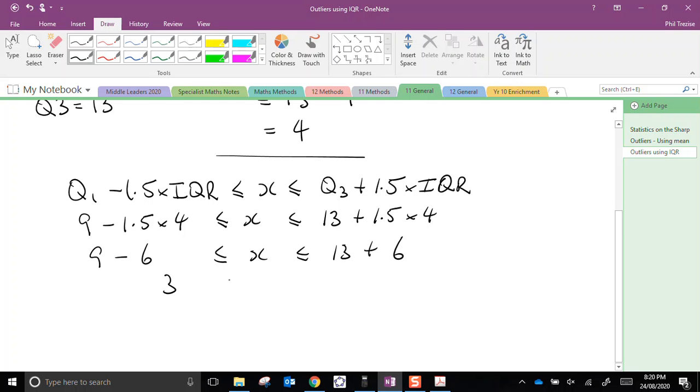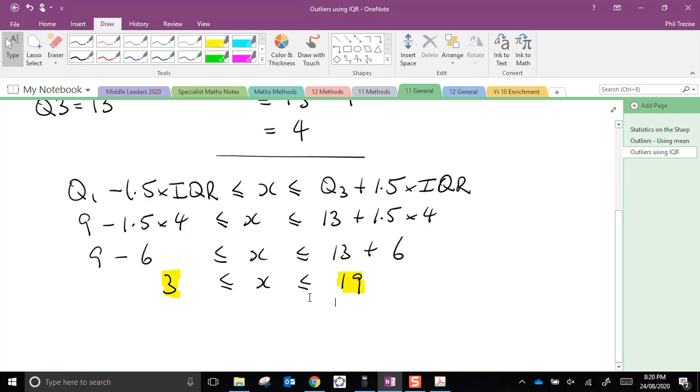So that's 3 is less or equal to x, which is less or equal to 19. These numbers 3 and 19 are sometimes referred to as the fence. Any score in our list which is outside those fences is an outlier.